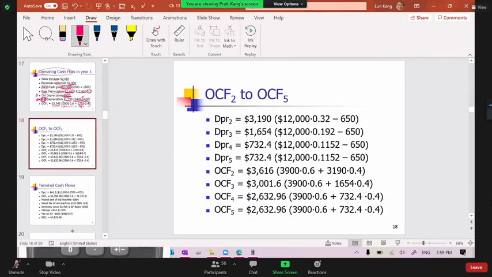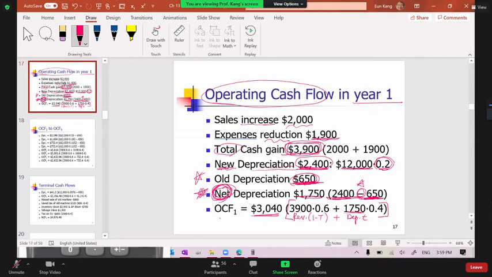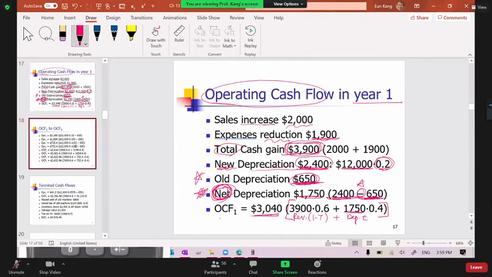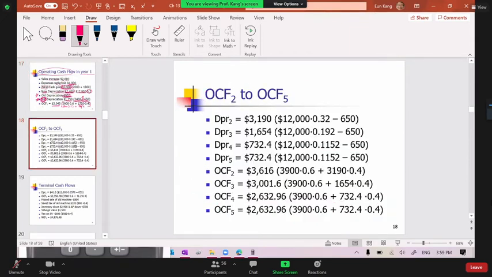Yeah, please ask questions if anything is not clear. And then what? I told you that this is the most important slide because it is basically repeating this slide for every year. So like this, depreciation 2 is what?